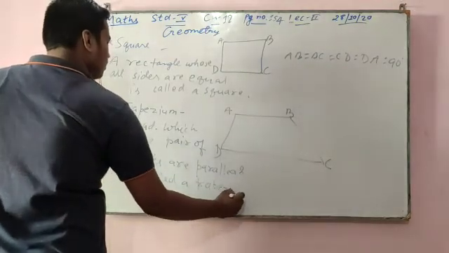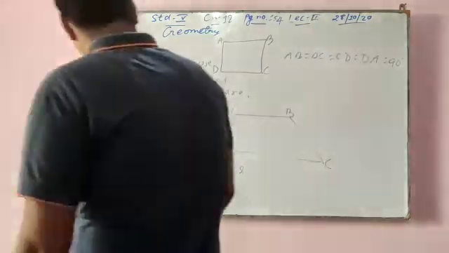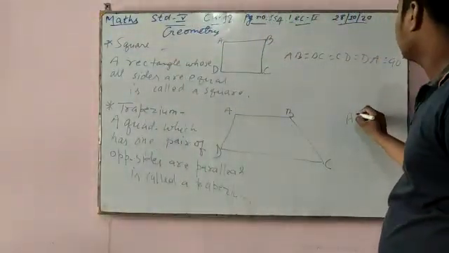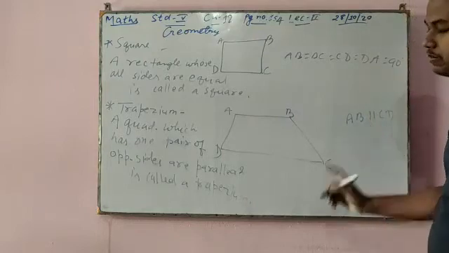Trapezium. It means AB is parallel to CD. Only one pair of sides should be parallel.